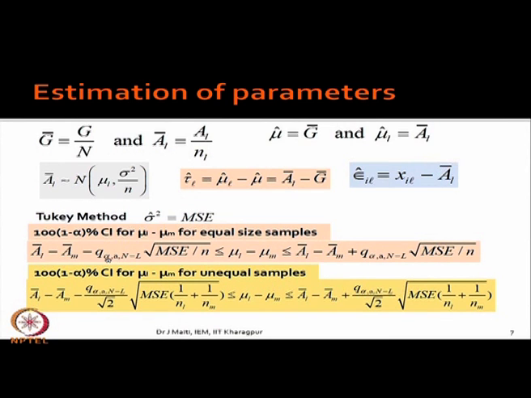Here alpha is the probability, and a and n minus L are the other two parameters used for looking up the table. So you have to see the studentized range statistic table. Tukey statistics is popularly used. Then once you use this, you can go for this interval estimation. For equal sample sizes it will be like this, and for unequal sample sizes the quantity 1 by NL plus 1 by NM will come into consideration.